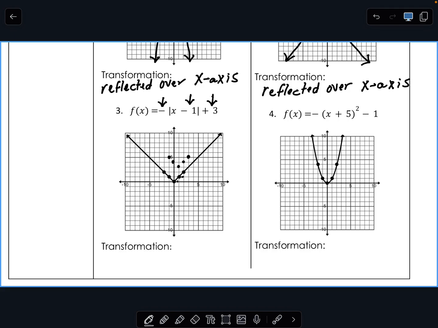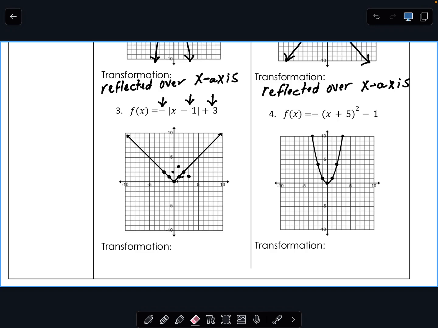This one will be here. And you're going to use that point. And then this one will be here and here. Okay.